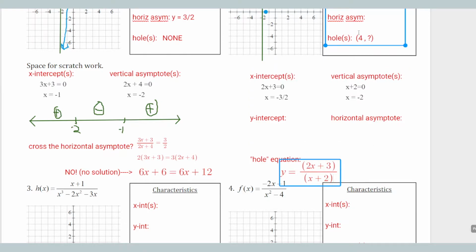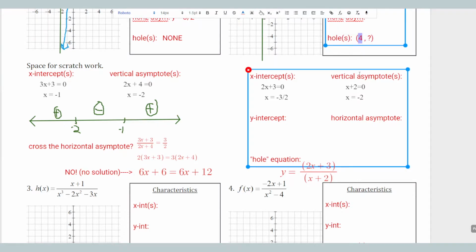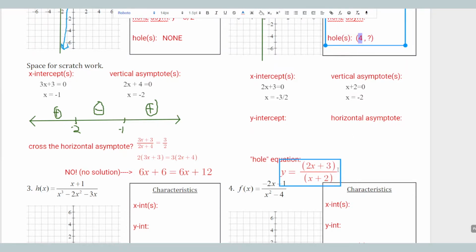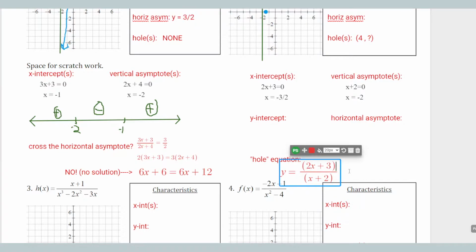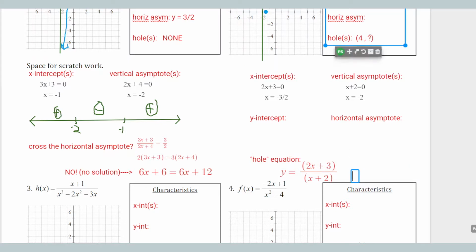If I plug in 4 here, because I know the x-coordinate of the hole is 4, what I'm going to get is 8 plus 3, which is 11, and then 4 plus 2 is 6. So we get 11 over 6. That's not very nice, but that's what it is.